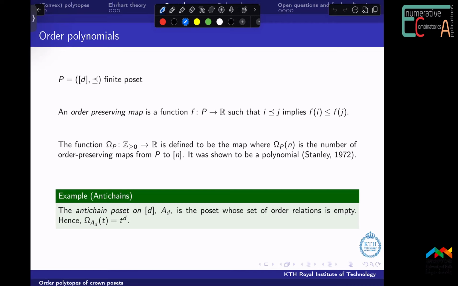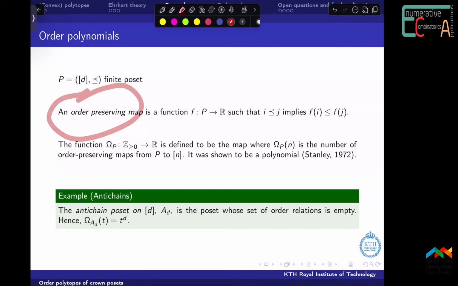An order-preserving map is just a function that goes from the poset to the set of real numbers such that if i is smaller or equal than j in my poset, this implies that f(i) is smaller or equal than f(j) as real numbers.